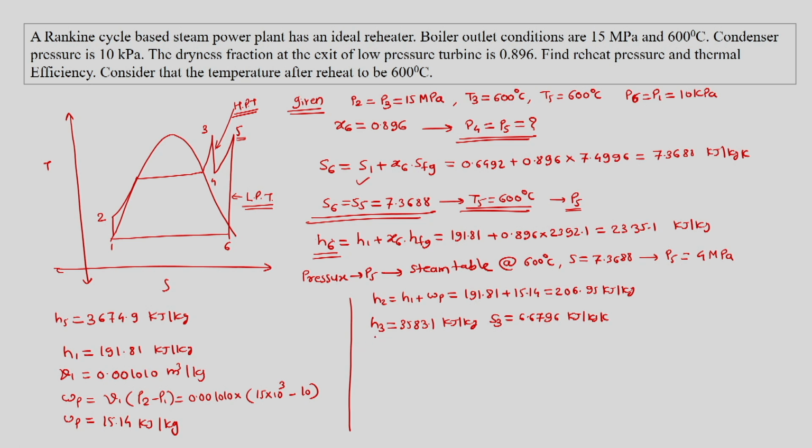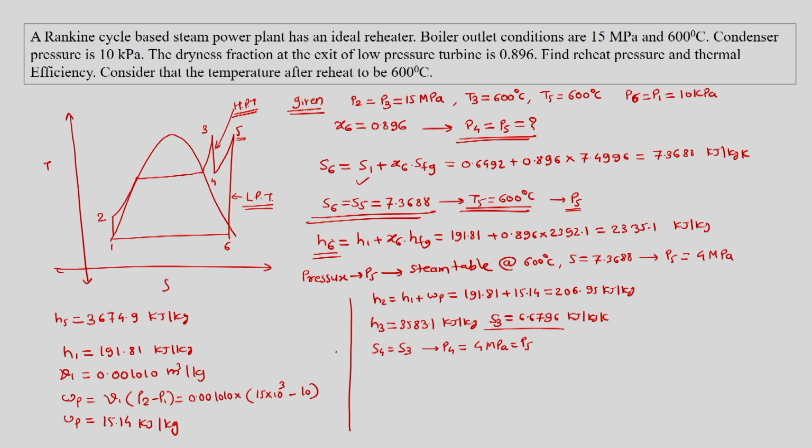So we can now find out state 4. Here we should also remember S4 is equal to S3, and we know P4 is equal to 4 megapascal, which is basically P5. So again we will go to the steam table, look at the 4 megapascal case, and find out the temperature at which we get the entropy S3.